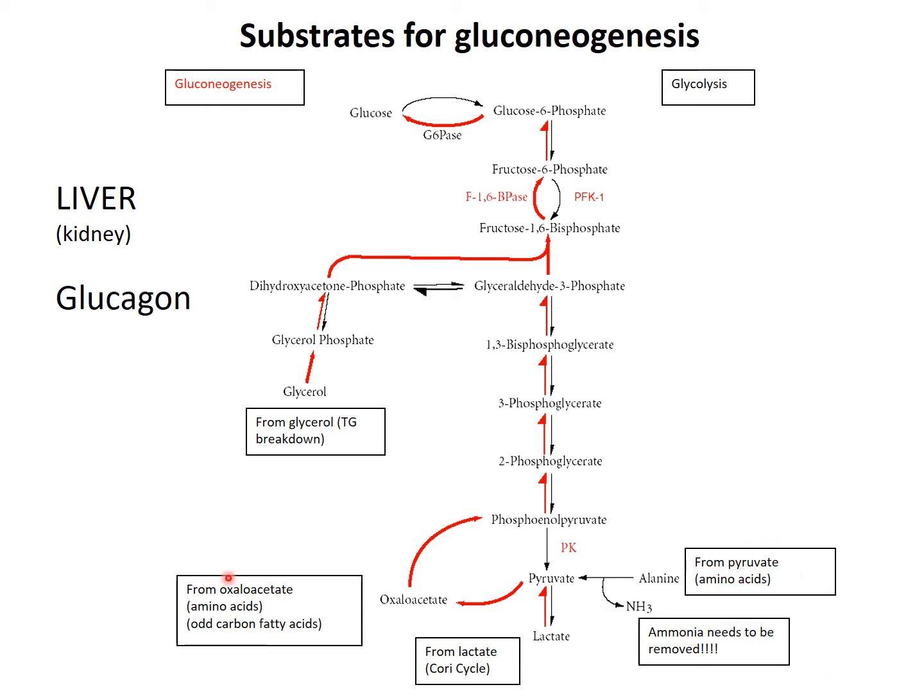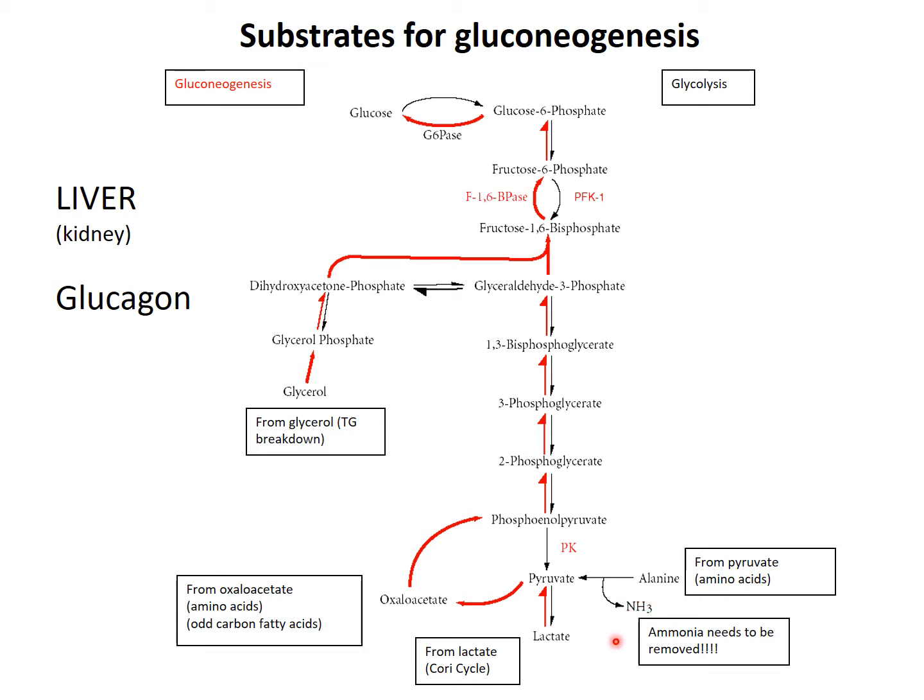The second most important starting material are amino acids. Amino acid carbon skeletons can give you material to be turned to pyruvate or oxaloacetate, and at these 2 points start gluconeogenesis. Now, a very important thing to remember when we start from amino acids is that the amino group is liberated from the carbon skeleton in the form of ammonia.